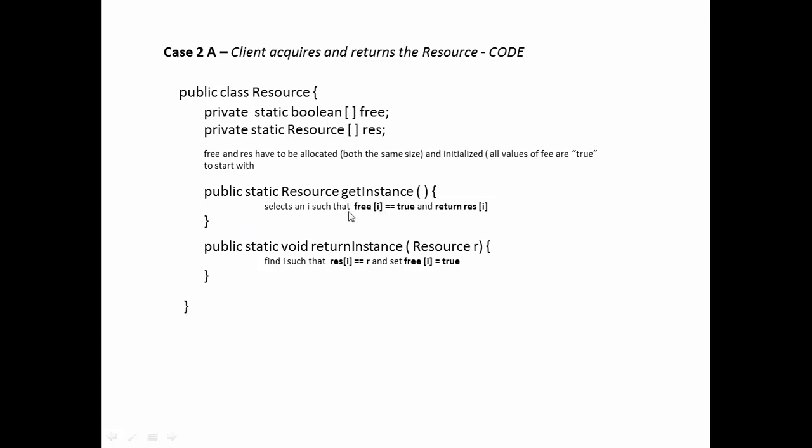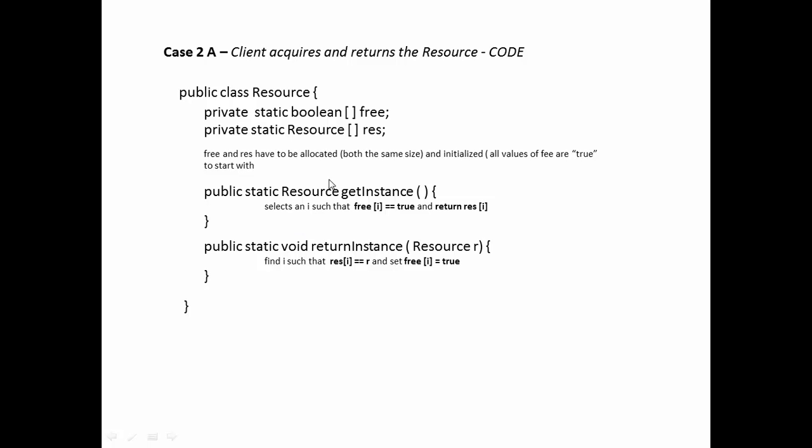And here we have the two methods, get instance and return instance. Obviously they are static because they will be called through the class. A client is going to say Resource dot get instance, and Resource dot return instance, and we know this from our discussion already about the intern.